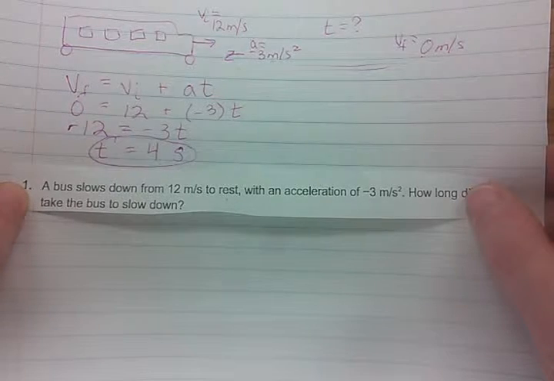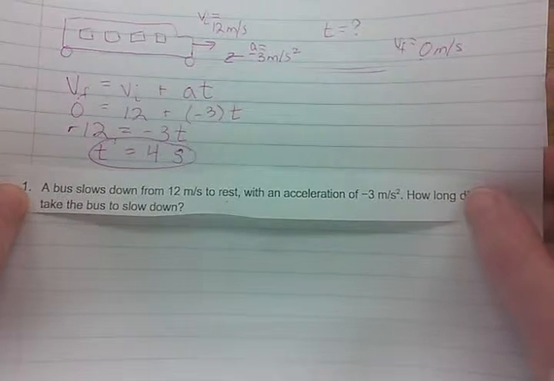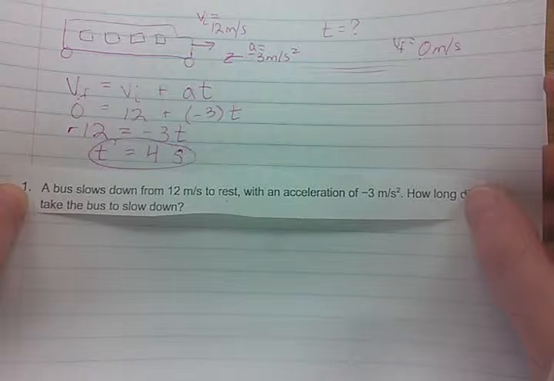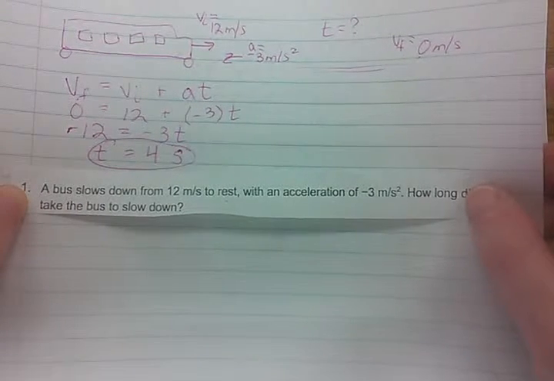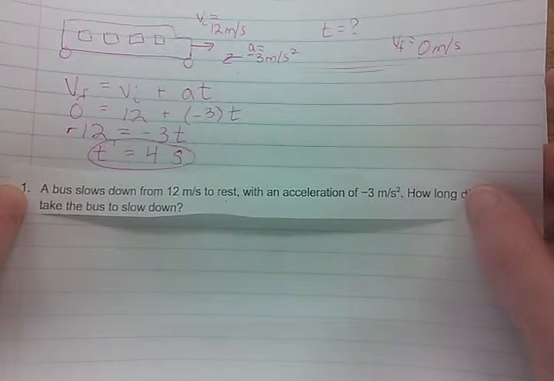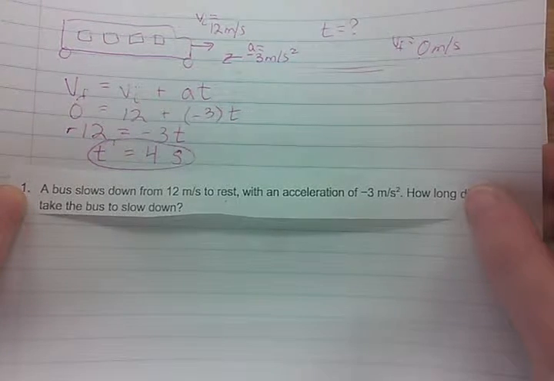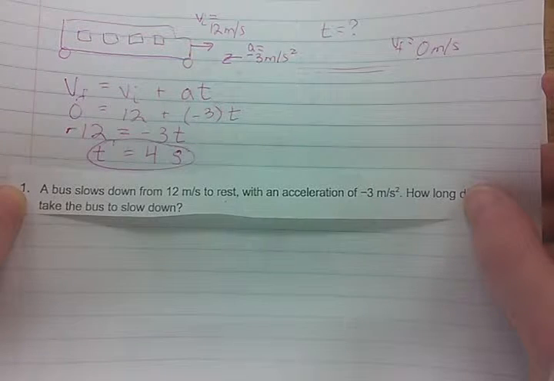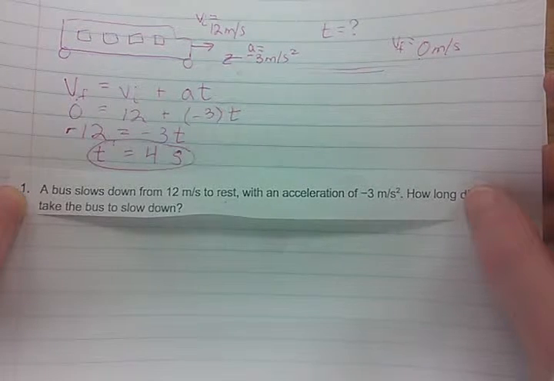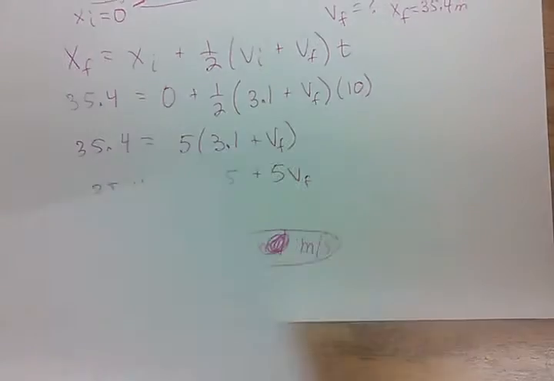If you're in a bus, it's going to take a good long while to slow down. 12 meters per second isn't that fast, so it seems to me that 4 seconds is a good approximation. If you got something like 300 seconds, it's not going to take the bus several minutes to slow down.